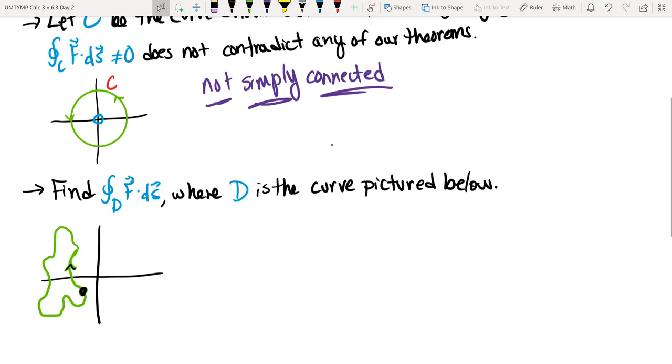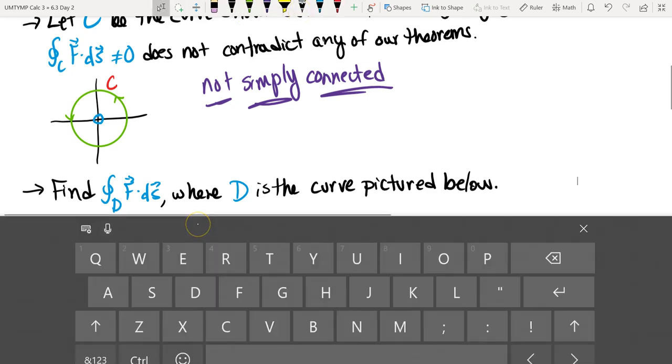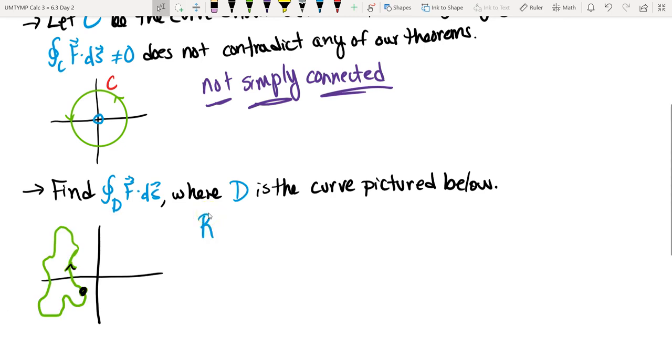Okay, well, what if I start by saying, I'm going to restrict the domain to x is less than 0. Okay, so it's everything to the left of the y-axis.